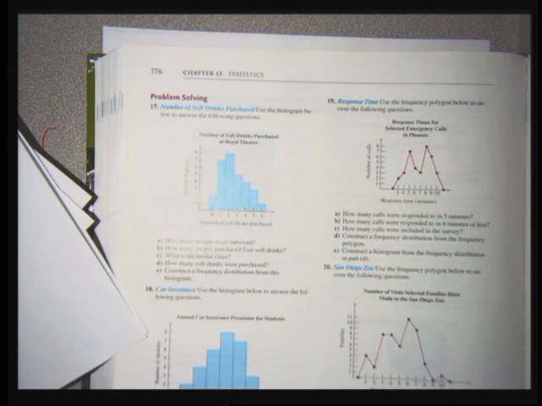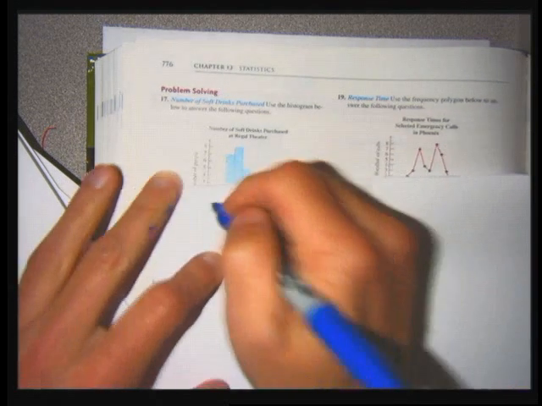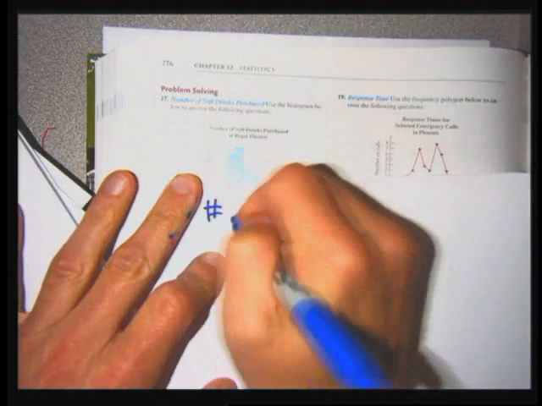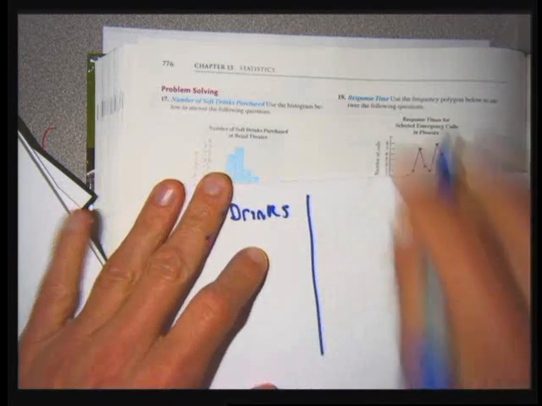Let me recreate this table that I created. I created a frequency distribution from the data. And my frequency distribution said number of drinks, number of people.